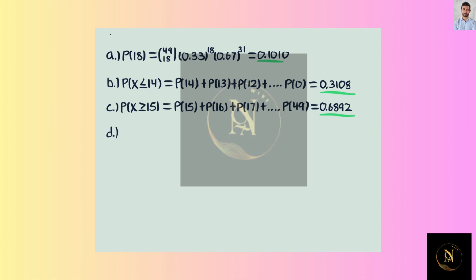Finally, for part D. We are asked for between 11 and 19, including 11 and 19, of them major in STEM. So it is inclusive. This would be the probability of X being between 11 and 19.